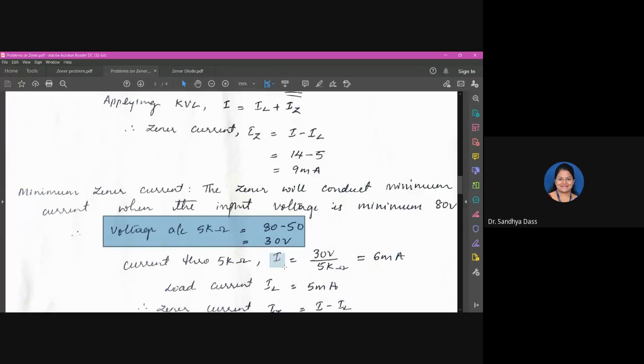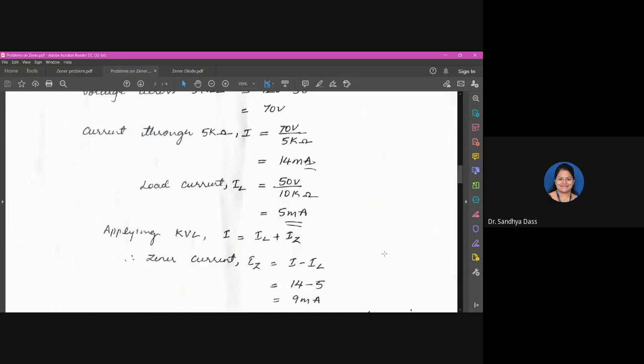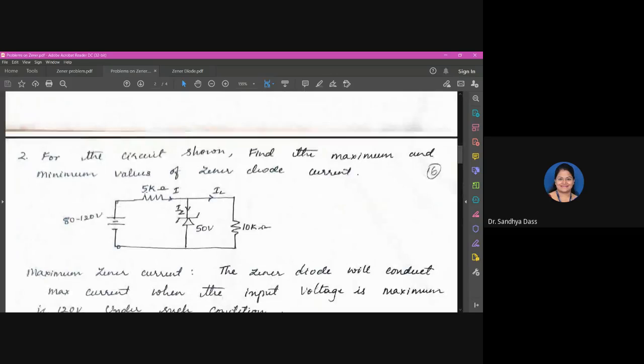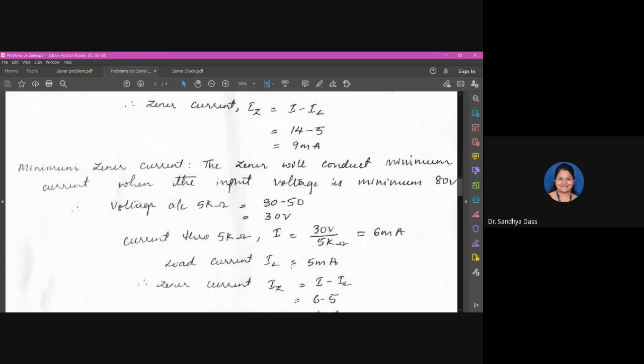So I will be 30 volts by 5 kilo ohms, which comes to 6 milliamps. Because as the input voltage varies, current also will vary, since the resistor is fixed. That is what we are calculating here.